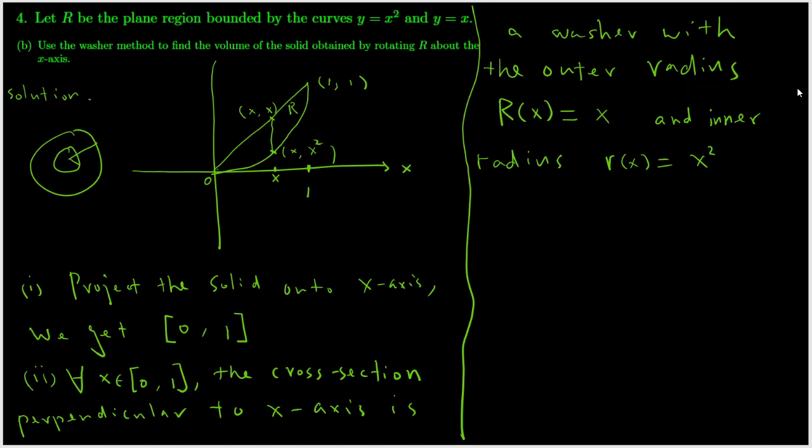Okay, we identified the inner radius and the outer radius. Now look at the whole thing. The cross section perpendicular to the x-axis is a washer with outer radius, and we also got the inner radius. Actually, the thing we need is the cross-sectional area, the area of the cross section, the area of the washer.